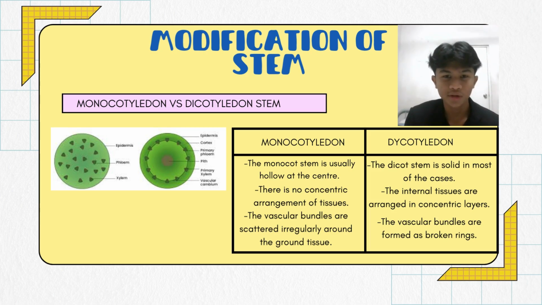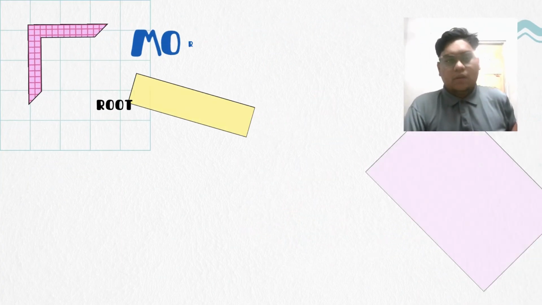Meanwhile, in the dicotyledon, the internal tissues are arranged in concentric layers. Lastly, in the monocotyledon, vascular bundles are scattered irregularly around the ground tissue. Meanwhile, in the dicotyledon, vascular bundles are formed as broken rings.